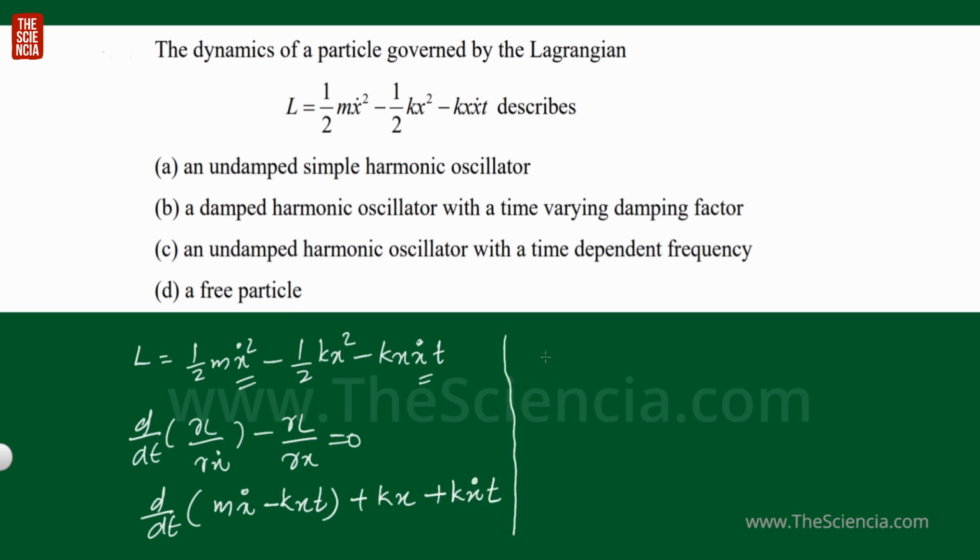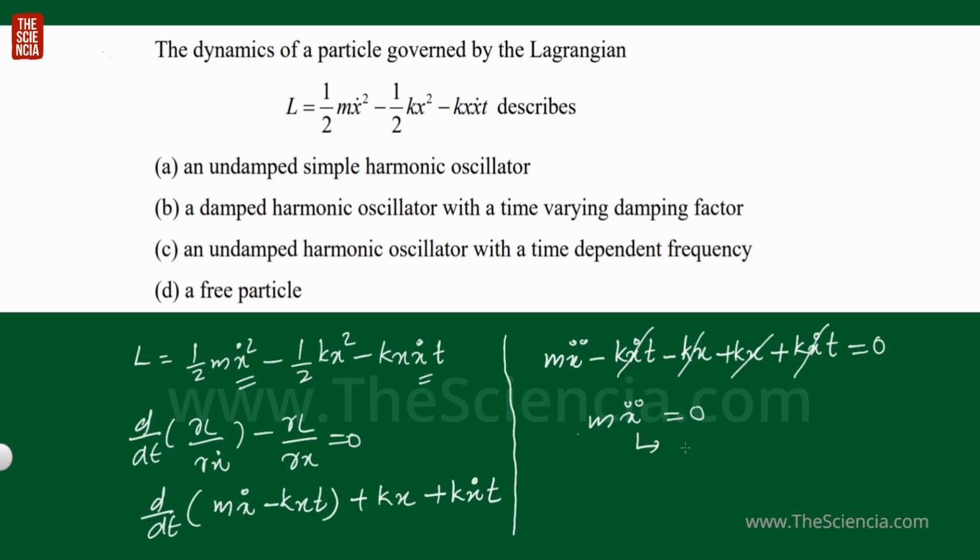That is m x double dot minus k x dot t minus k x plus k x plus k x dot t equal to 0. Here k x dot t and k x dot t cancel, and k x minus k x will cancel. So what we get? We get m x double dot equal to 0.